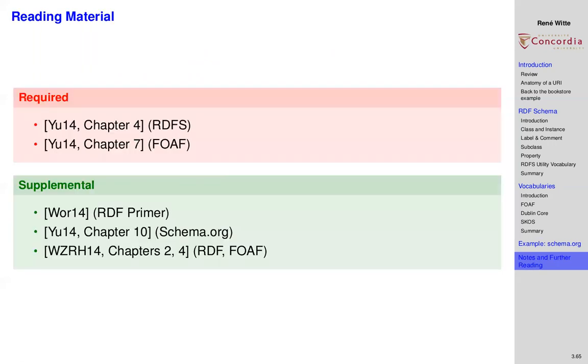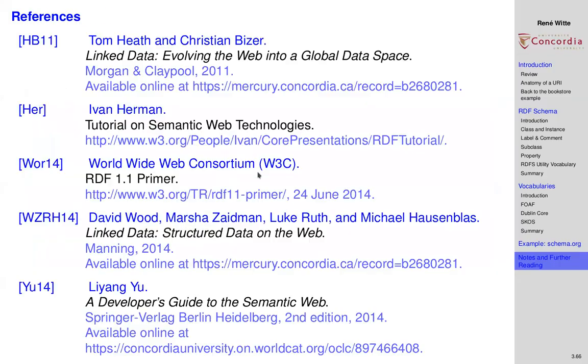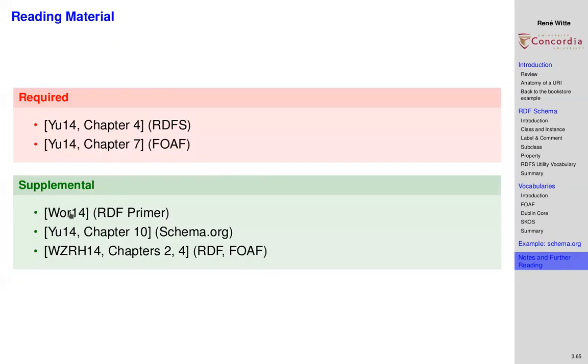Now it's your turn again. What should you read? For RDFS in particular, there are a couple of things you should look at. First, I would recommend this RDF primer, because it's a very nice, short, well-written overview of RDF and RDFS.